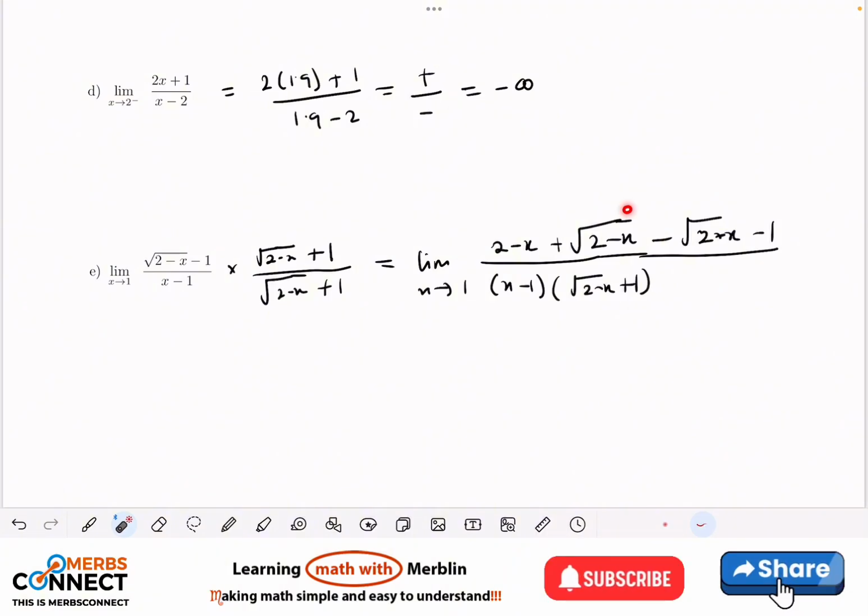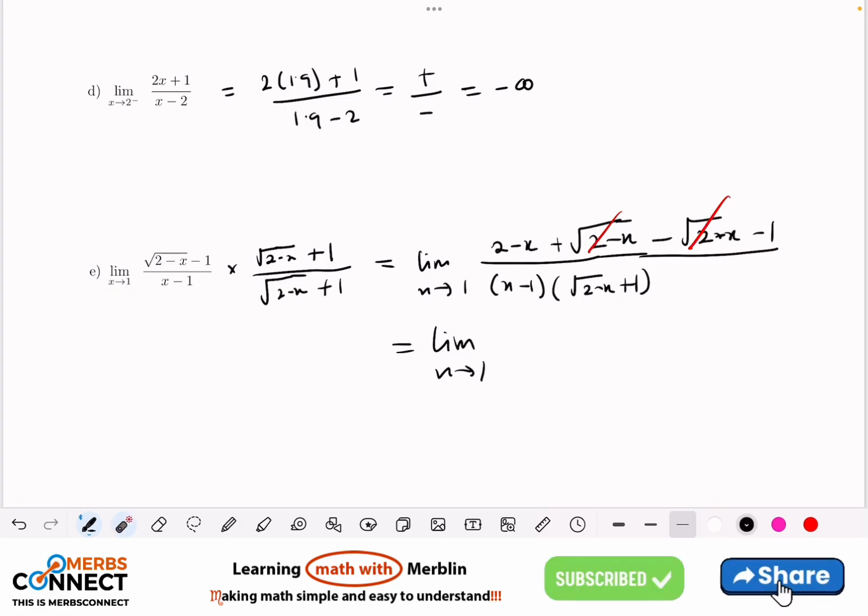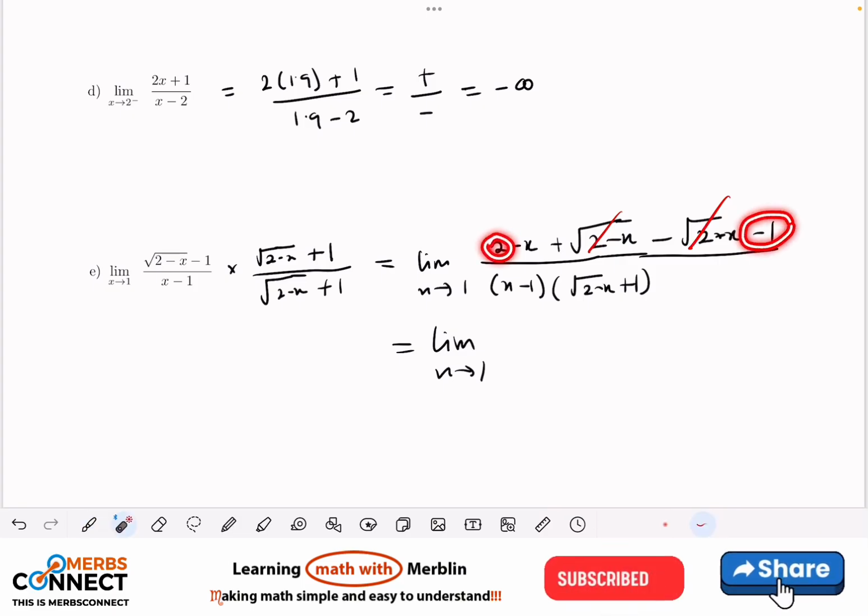Now this will cancel this, because this is positive and this is negative. So we are going to have limit x is approaching 1. Now this will cancel this. Now look at something here. 2 minus 1 will give us 1.